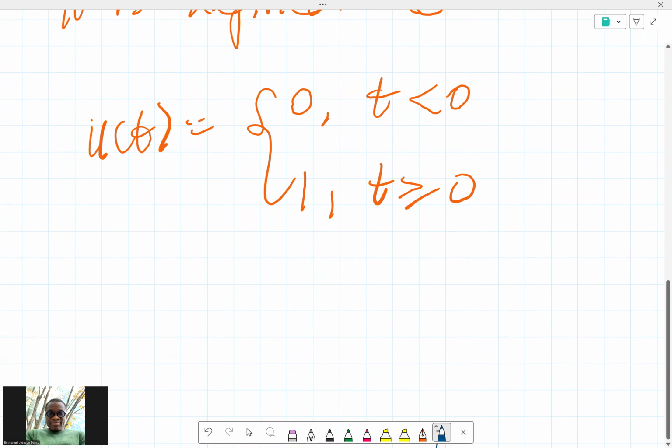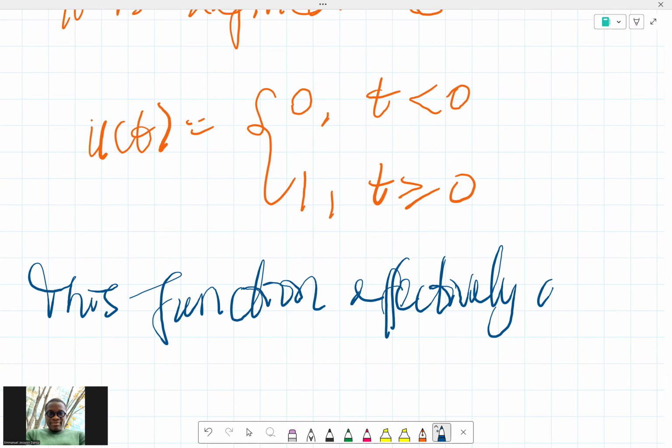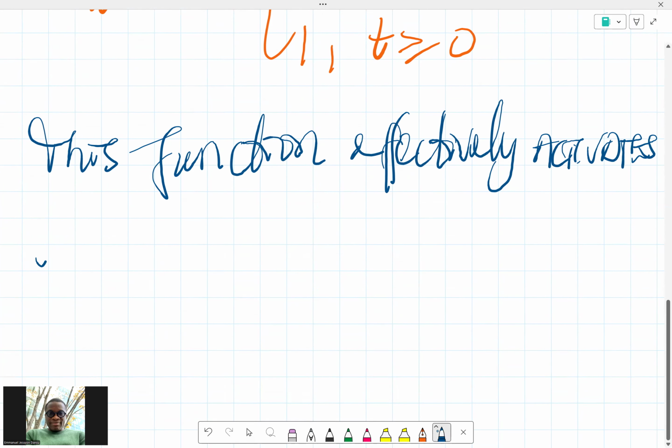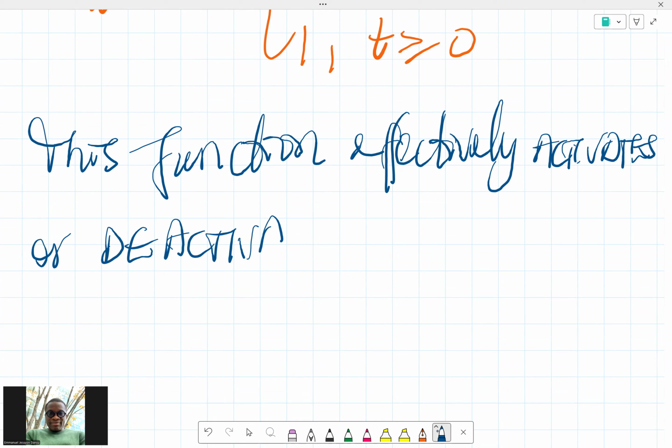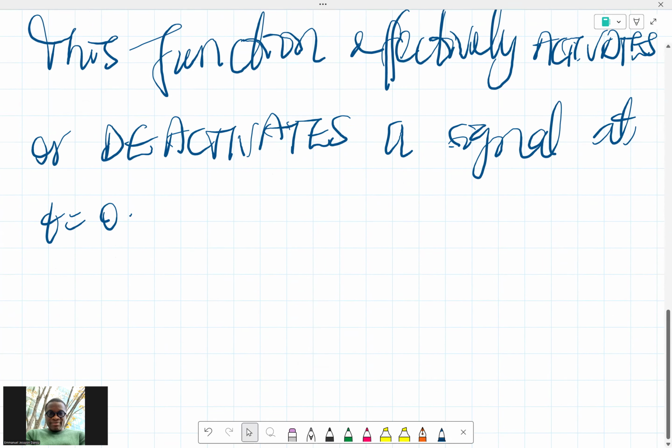So this function effectively activates or deactivates a signal at t equals 0.